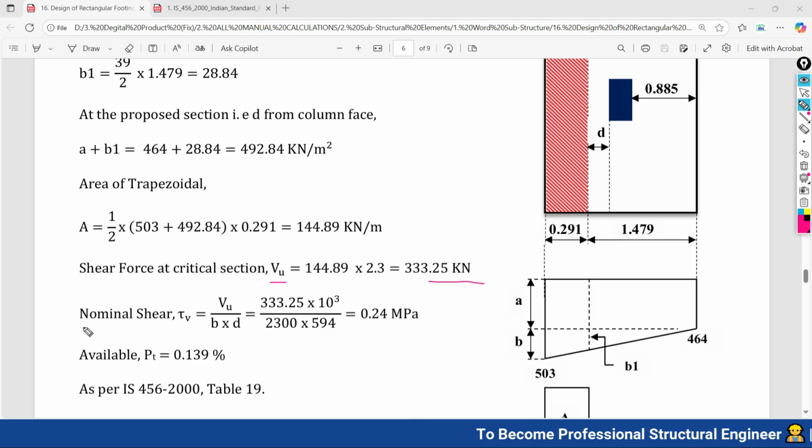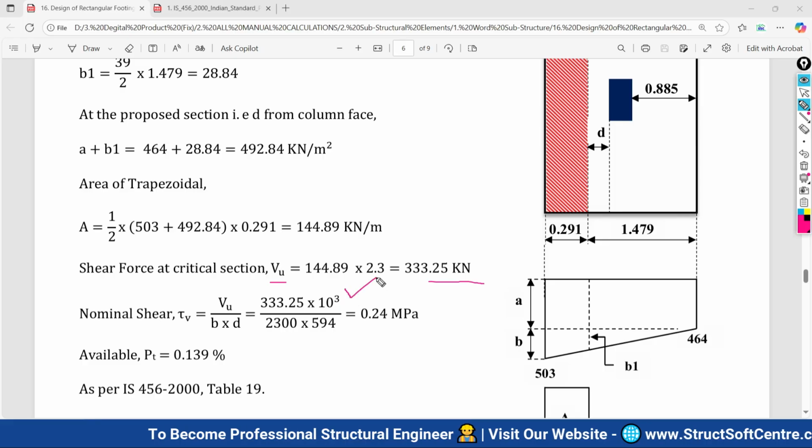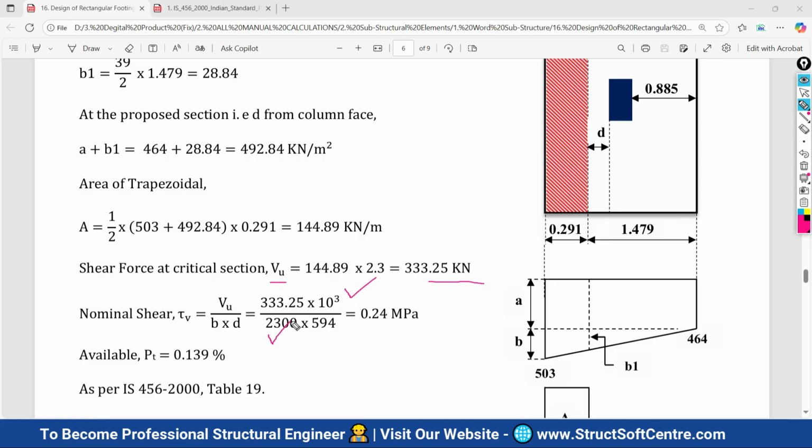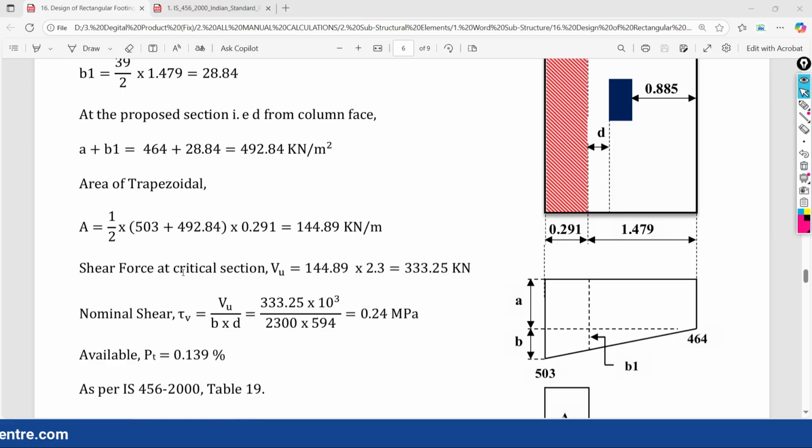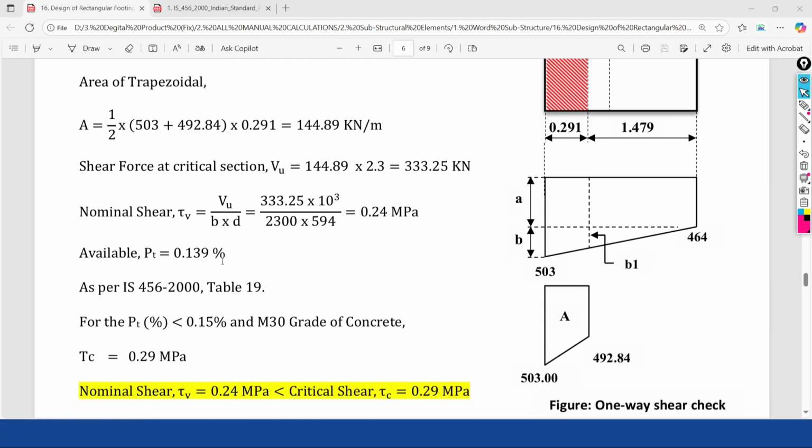Now simple again, nominal shear VU upon BD. Shear force value you have to put here. B value now it is going to be changed as 2300 will be there, and 594. Finally we are having the nominal shear 0.24 Newton per mm square. After all of this, the percentage of reinforcement available along the width of the footing again 0.139 percentage.